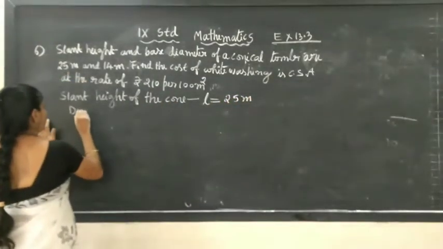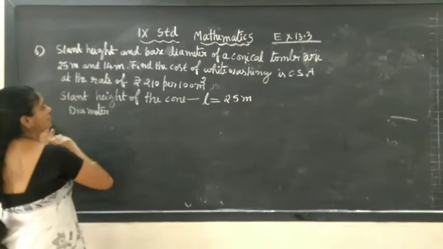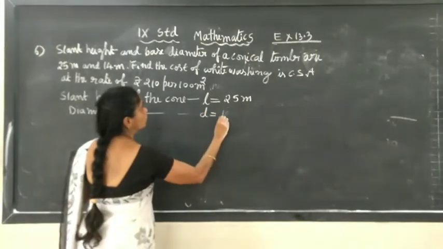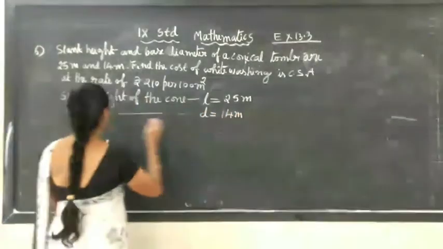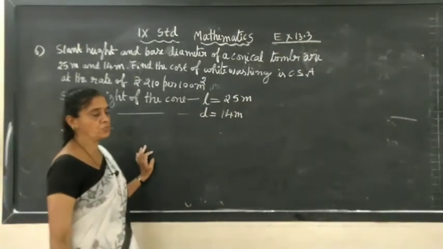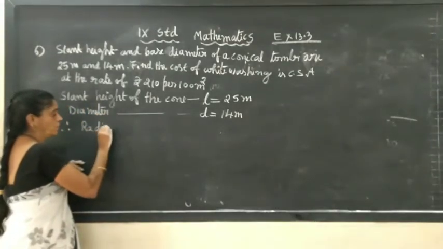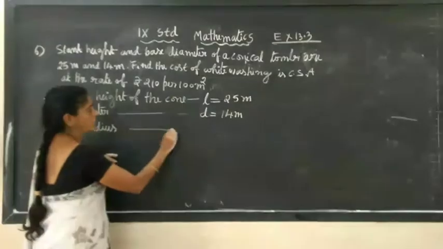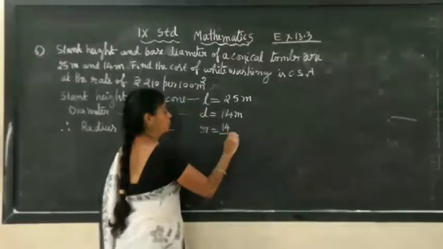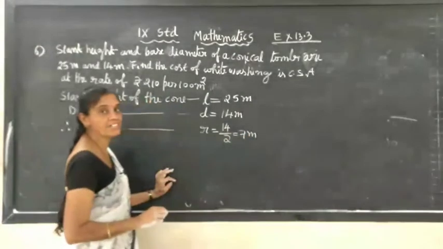Then the diameter, D, is 14 meter. We want the radius, not the diameter. So the radius of the base of the cone, r, is equal to 14 by 2, which is 7 meter.